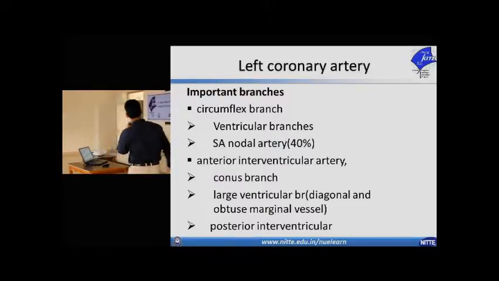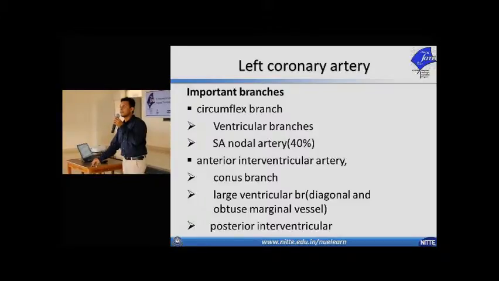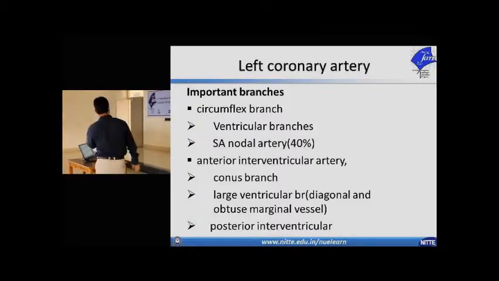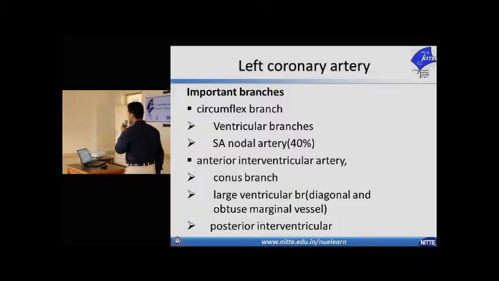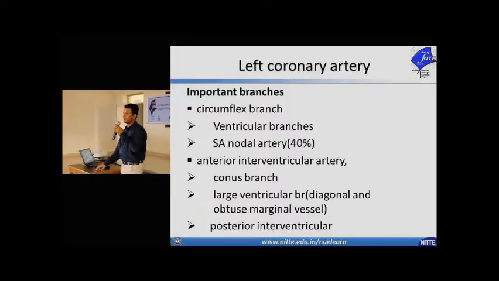One is the conus branch, which supplies the infundibulum of the right ventricle. Then there is a large ventricular branch. Radiologists call them diagonal and obtuse marginal branches; they are again ventricular rami. Then comes the posterior interventricular branch.